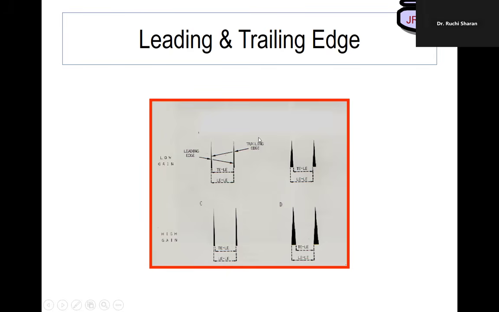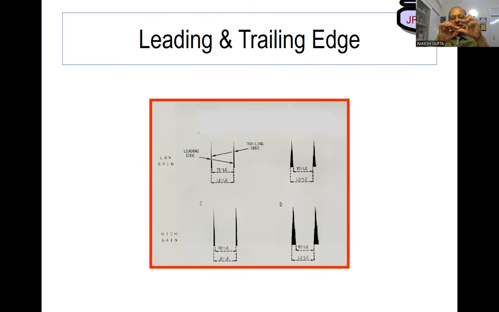All right. So if I keep my transducer on the left side of this image over here, this becomes the leading edge and this becomes the trailing edge. So every echo has got a finite diameter, finite width. If the transducer is kept on top of this image, this is a leading edge and this is the trailing edge of this image.